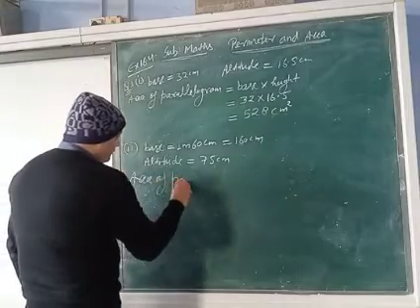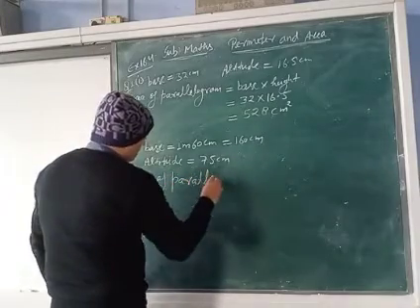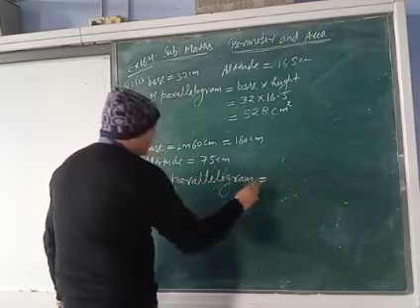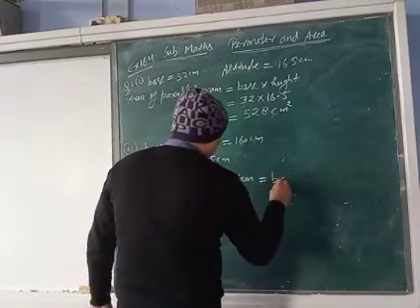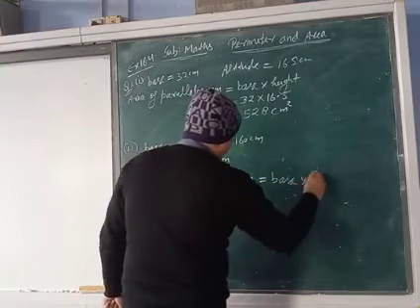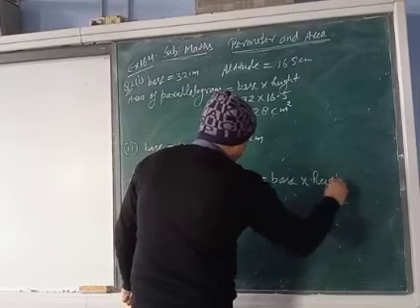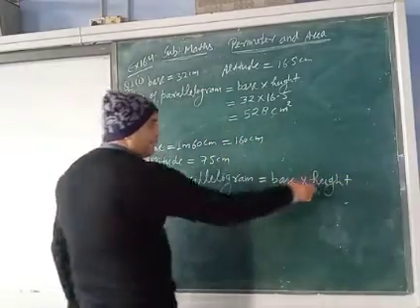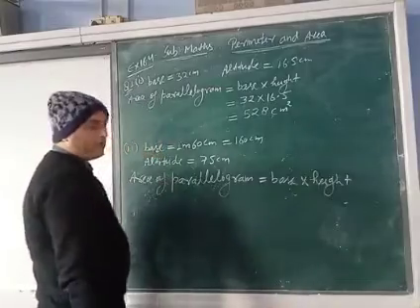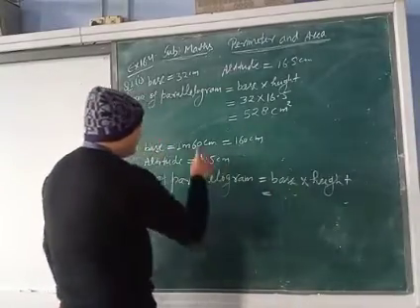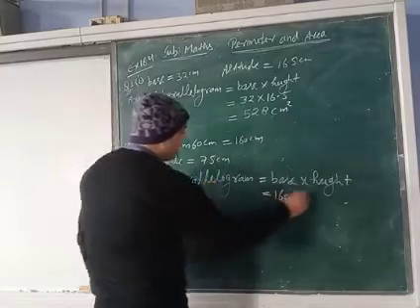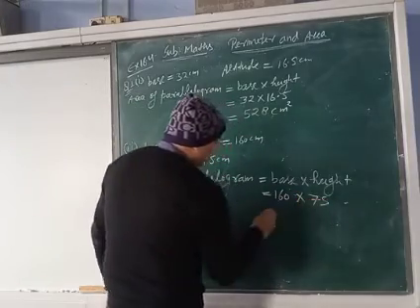Again, the same. Area of a parallelogram is base into height. You can take height or altitude, both are the same. In the place of height you can write altitude also. What is the base? 160 centimeter and 75.